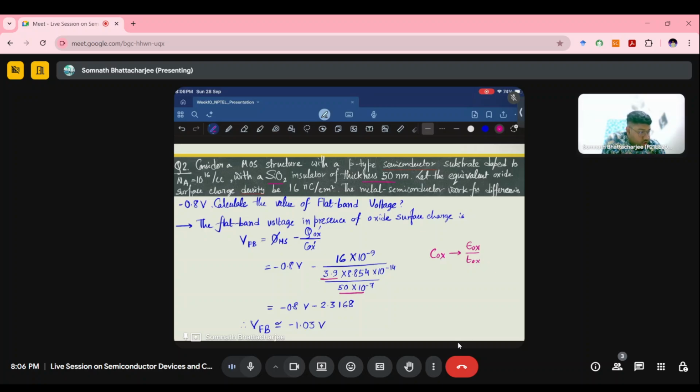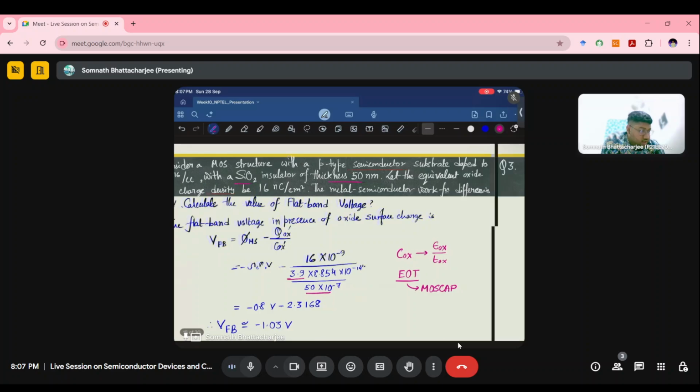Okay, sir. So this is from the equation, right? Estimated oxide thickness from the MOS caps. We are just utilizing that equation in this MOSFET as well.